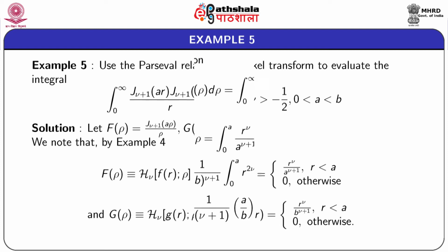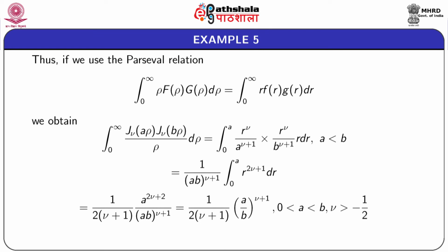So, we use the Parseval relation that integral from 0 to infinity rho F(rho) G(rho) d rho is equal to integral from 0 to infinity r f(r) g(r) dr. This is the Parseval relation.